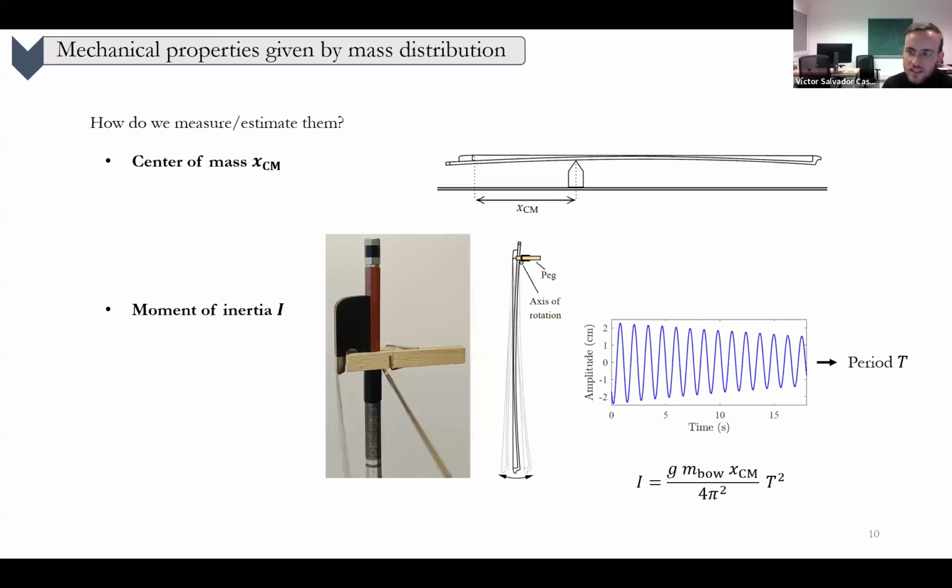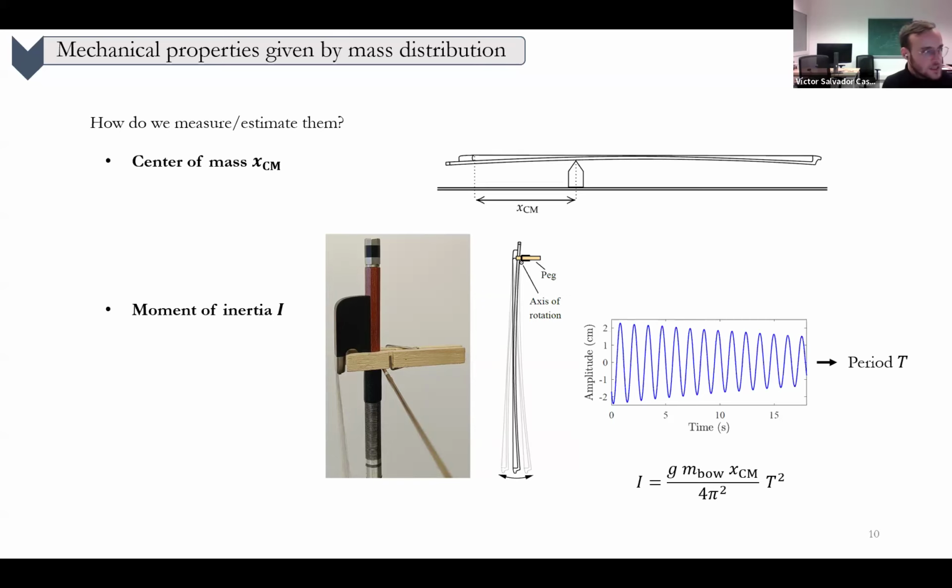But I think that this approach is a fairly good way to estimate the moment of inertia, and it consists of hanging the bow from the thumb position. Here I did it with a clothespin, some kind of material that anybody can find at home.